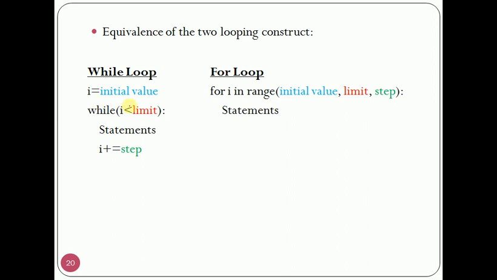Before that, you need to give the initial value, and the terminating value you can give within this while loop. Then the step increment or decrement needs to be done in the while loop explicitly, within the while block. Otherwise, it becomes an infinite loop.